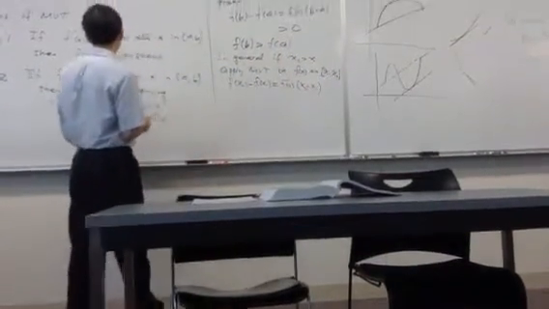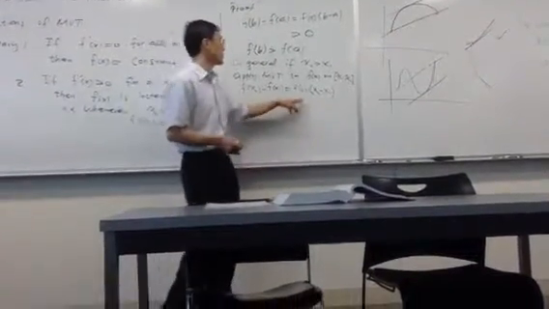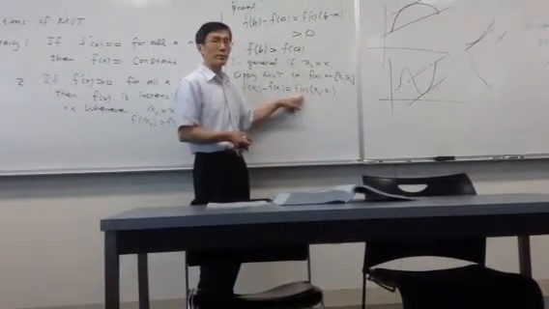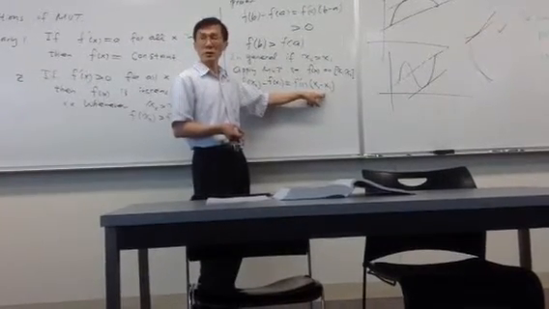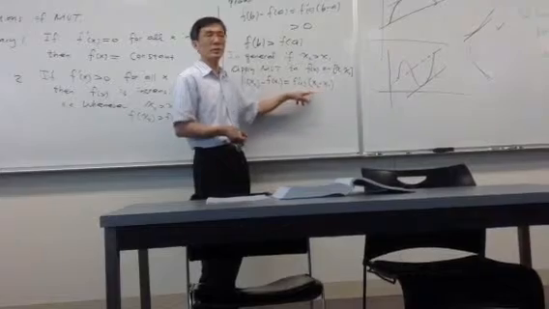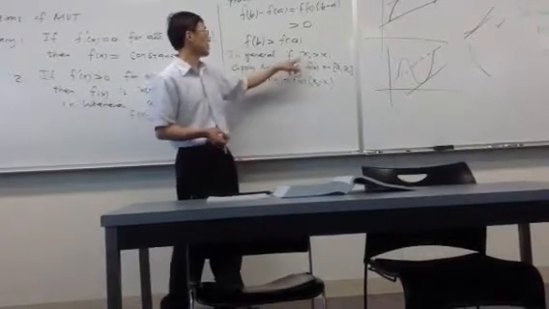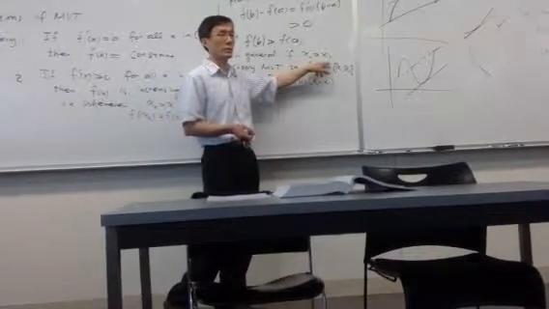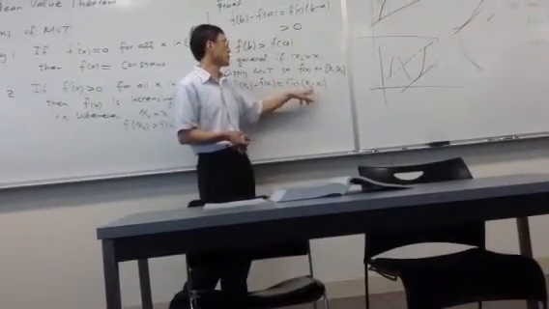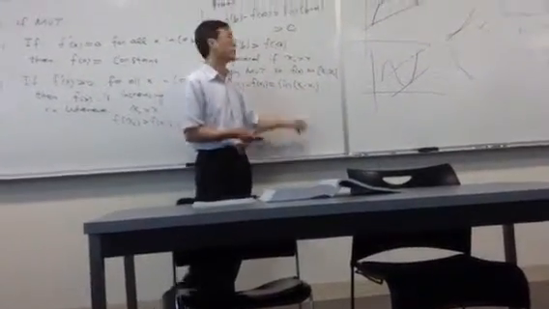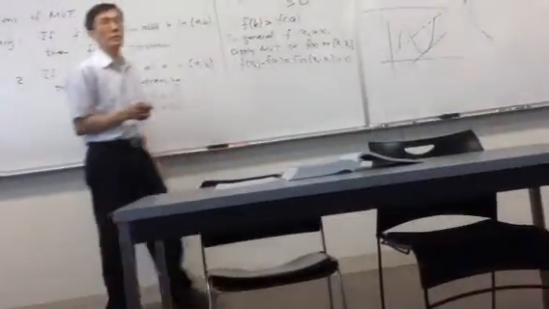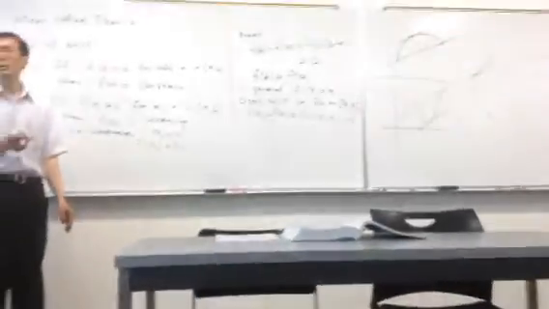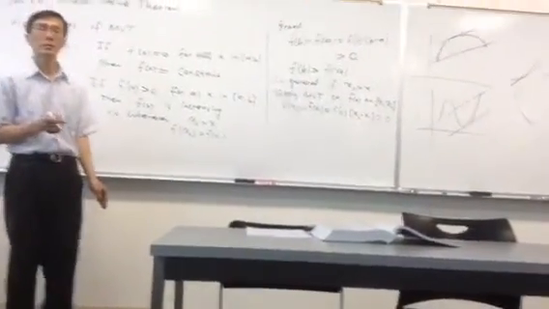Now, we do know f prime is always positive, so this number is positive. What about that number? It's also positive. Why is that? Because we begin with x2 bigger than x1. Positive times positive is positive. Therefore, this number is bigger than 0. Why is the interval closed?